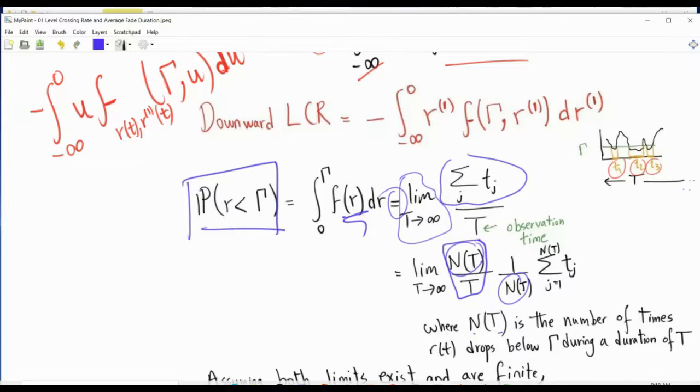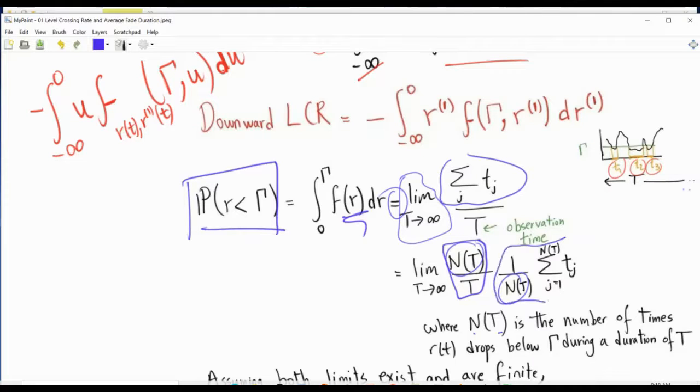If the process is indeed ergodic, basically go and obtain one realization from the process, count how many times the process will go below a level, divide by the time duration of your experiment, and this will give you a good estimate of the level crossing rate, the number of downward crossings per unit time. Okay, so this will go to the LCR.